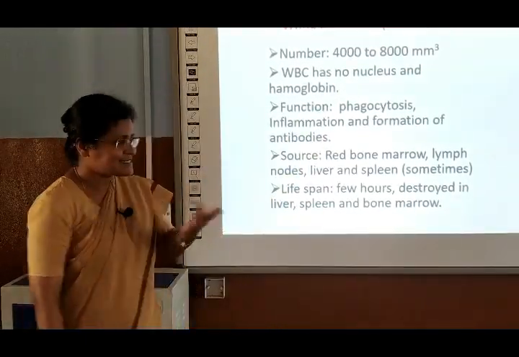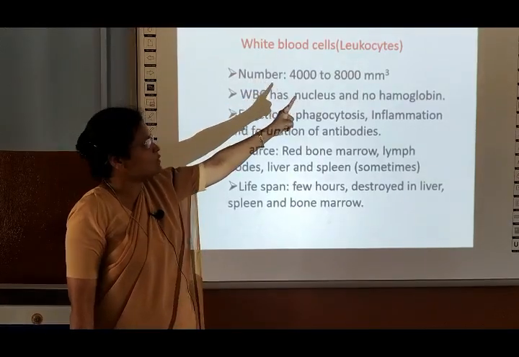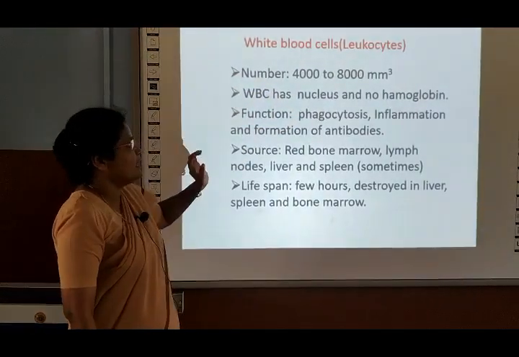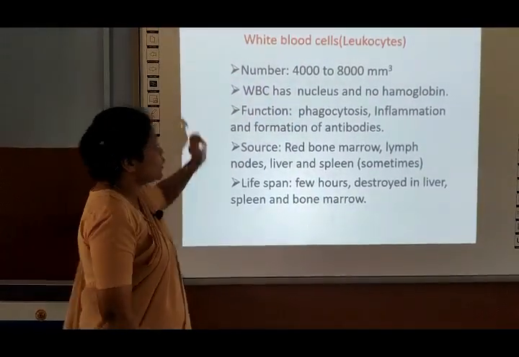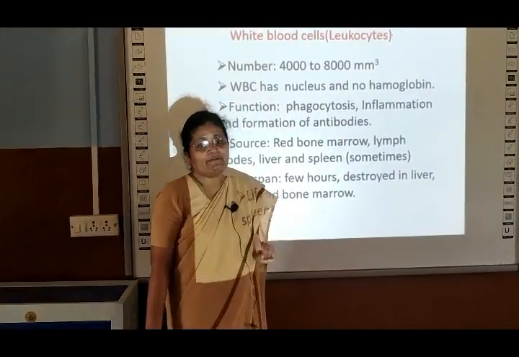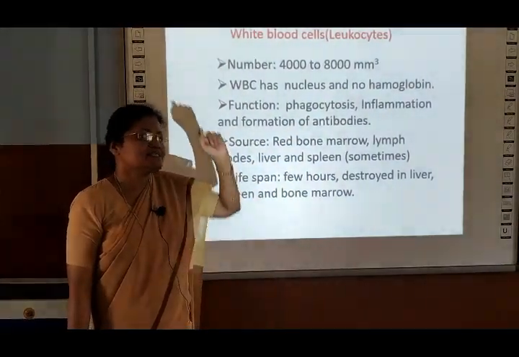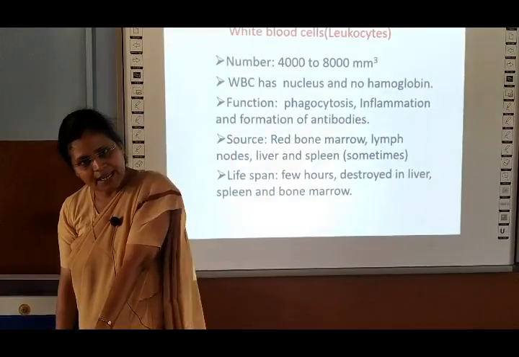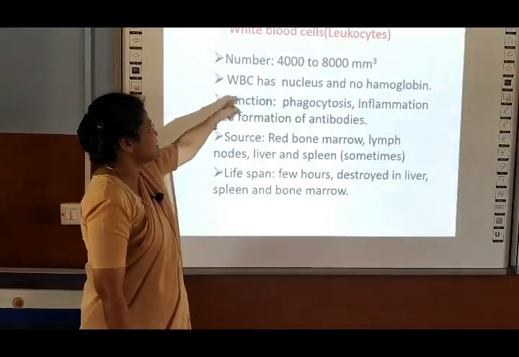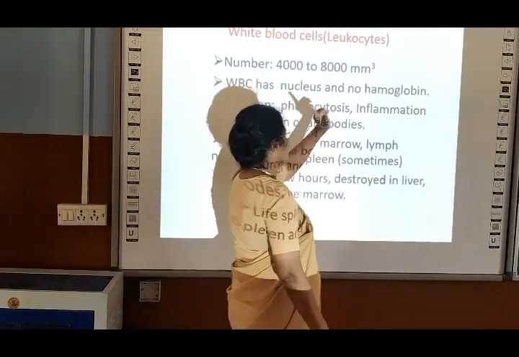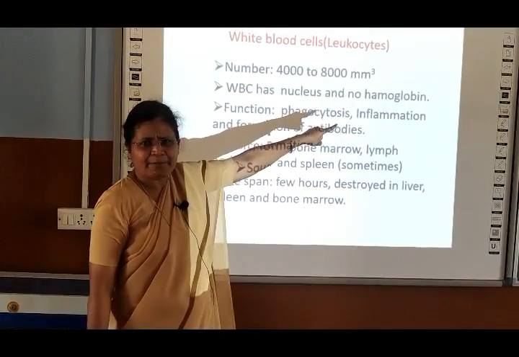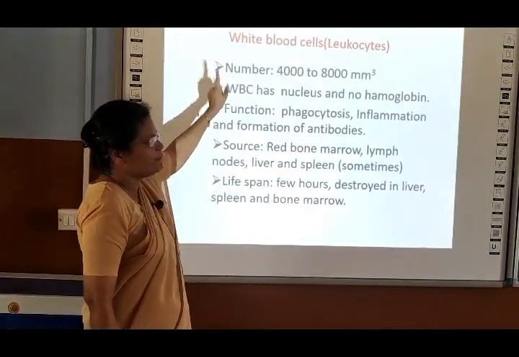We will see in the next class. The WBC is 4,000 to 8,000 per cubic millimeter, and the WBC has a nucleus and no hemoglobin, whereas RBC has no nucleus but has hemoglobin. WBC has no hemoglobin because that is a red colored pigment, that's why it is white in color.